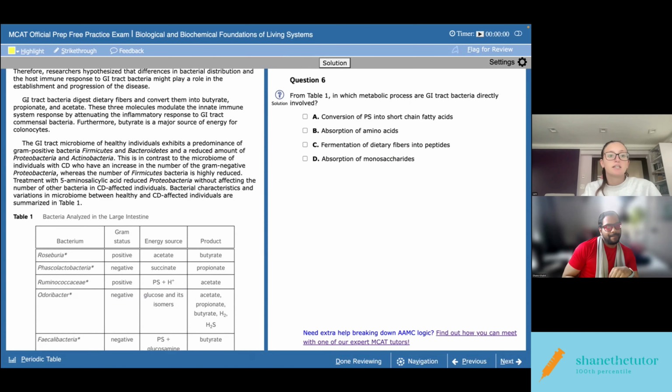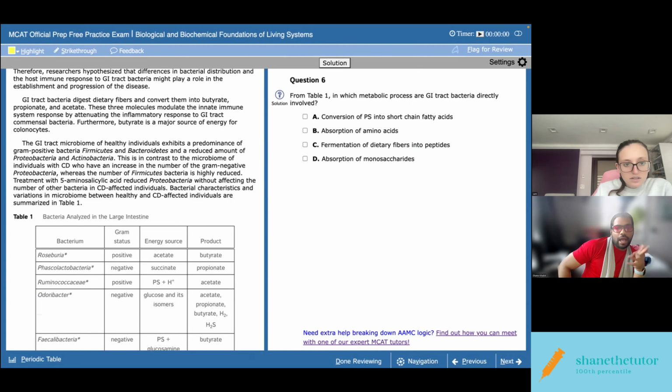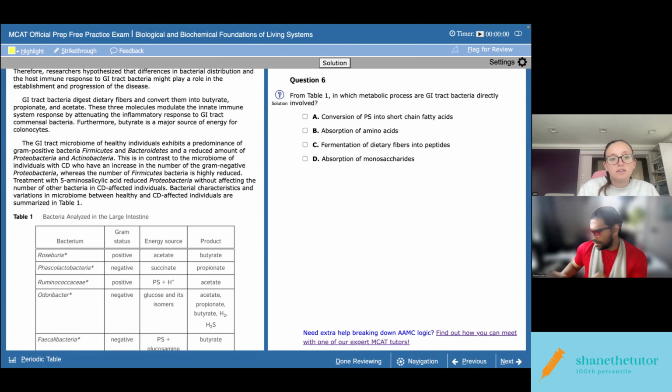GI tract bacteria digest dietary fibers and convert them to butyrate, propionate, and acetate. Okay. Now we can do something with this, right? How would you maybe write or express it? These are enzymes that regulate certain acids, right? So this is probably some digestive enzymes.